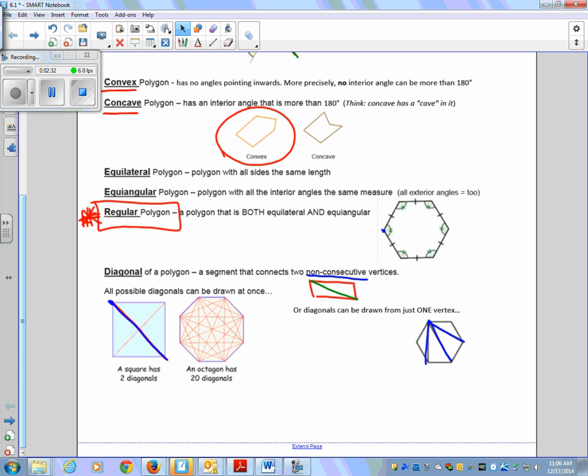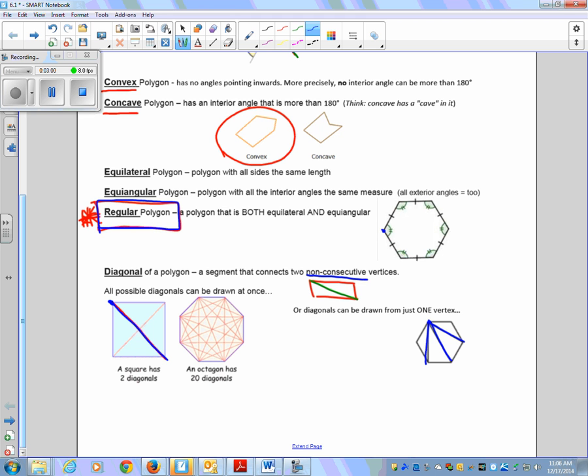Equilateral, equiangular, we've talked about before, right? Equilateral, all the sides are congruent or equal. Equiangular, all the angles are congruent or equal. Regular combines the 2. This is a really important term. I think it's one that's easy to look over and not realize how important that word is.